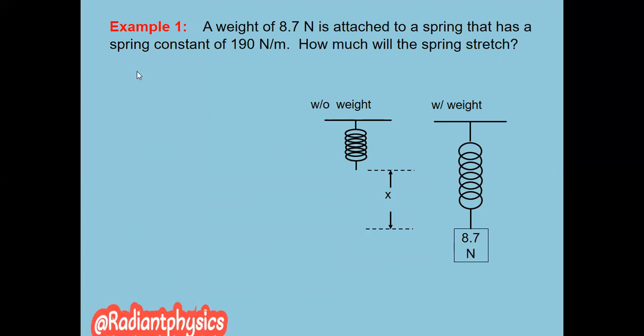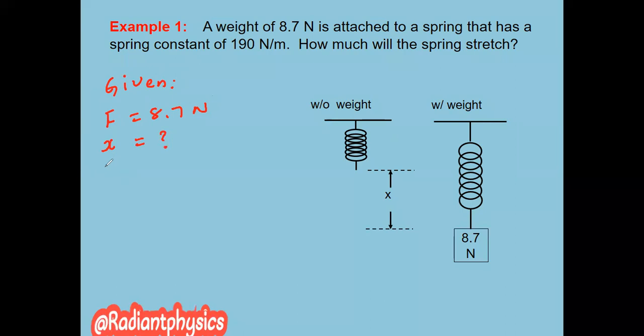So first things first, we need to write out all the data we have. We are given the force, which is 8.7 Newton, so we write it here. X is not given, so we're looking for it.